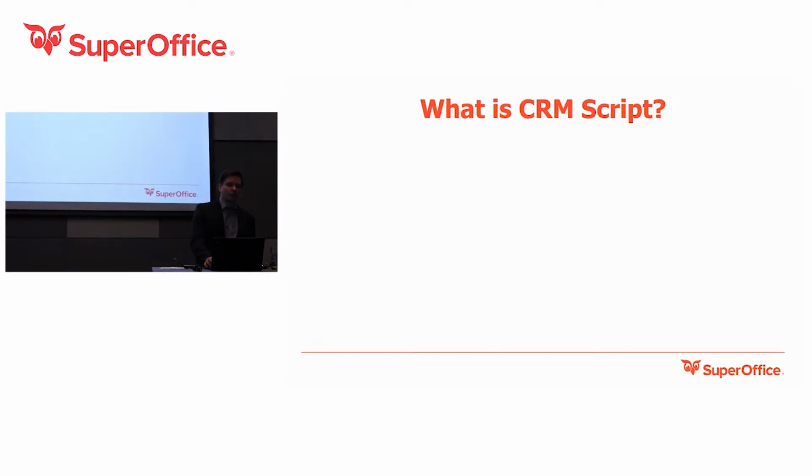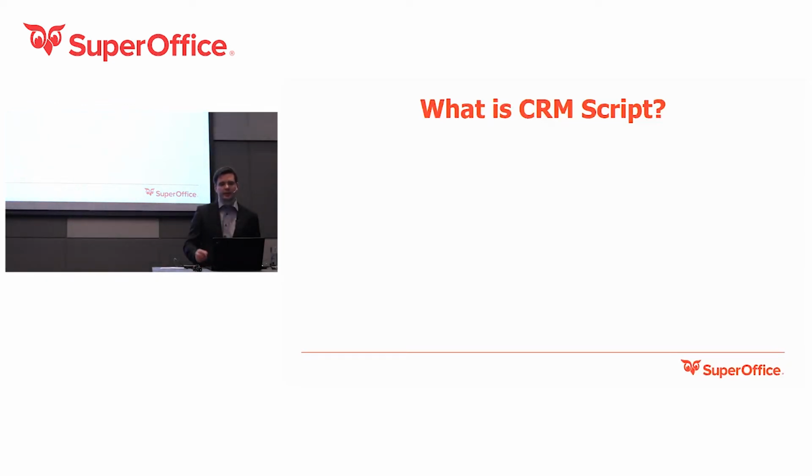So, what is CRM script? Well, it's something that enables us to customize and adapt the SuperOffice solution. For years it has been available in eJournal and customer service and service, but now it has also been enabled for sales.